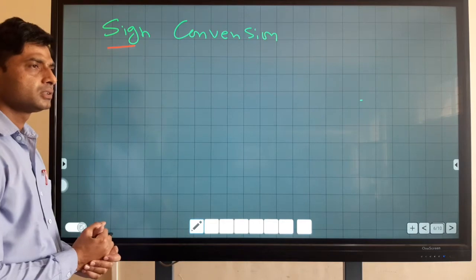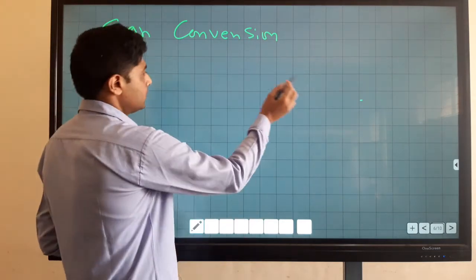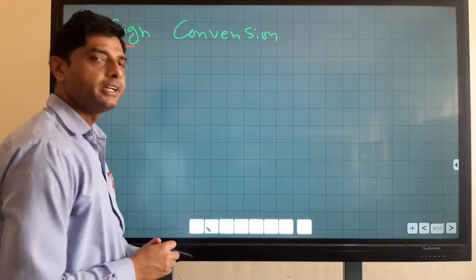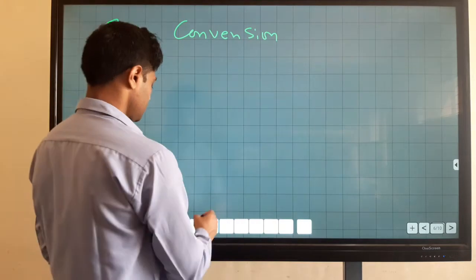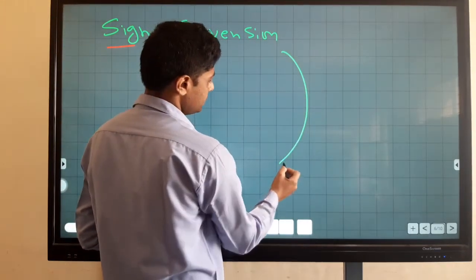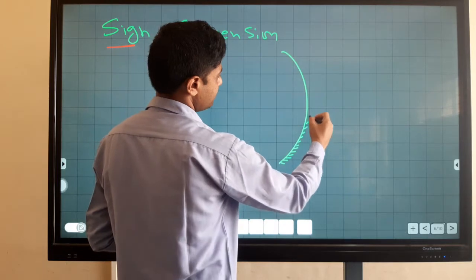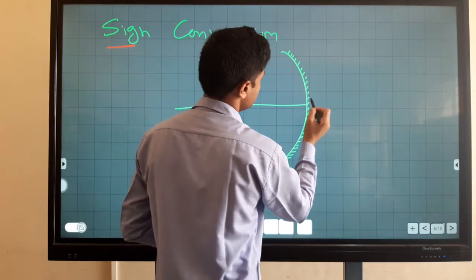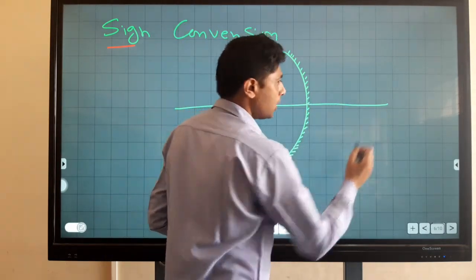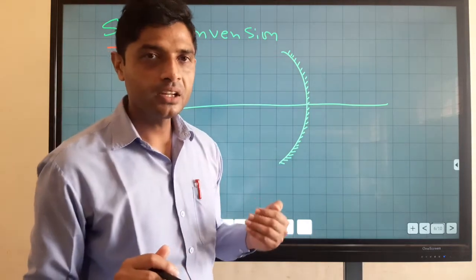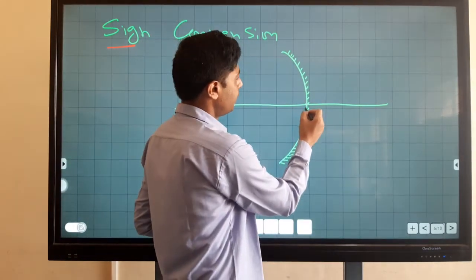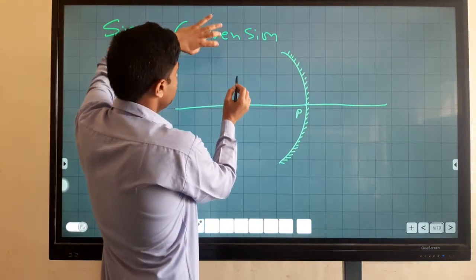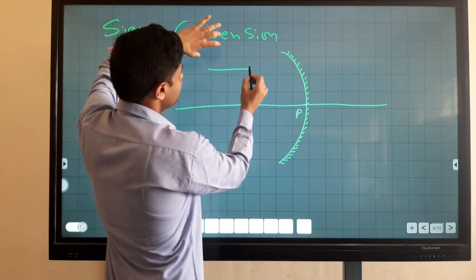Sign convention. To take the sign of distance, we have to use sign convention. As you know, all distances are measured from the pole of the mirror, and the ray of light is always incident in this direction.